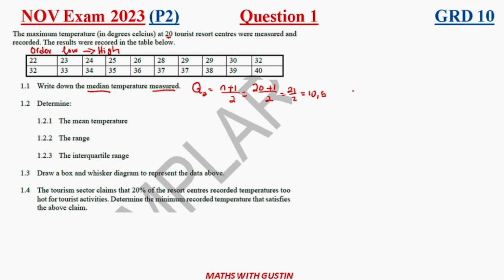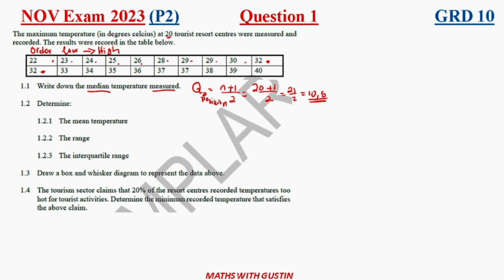When you deal with these questions, whenever you see a 0.5, remember this formula only gives you the position. So let's count 1, 2, 3, 4, 5, 6, 7, 8, 9, 10. So you have 10 here, but it says 10.5, so 0.5 will be somewhere between 10 and 11.